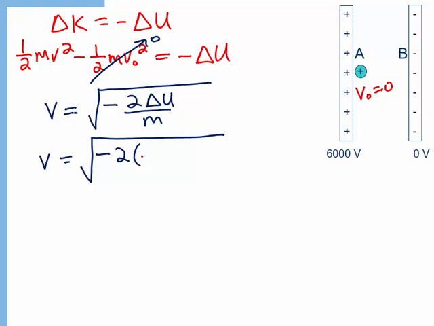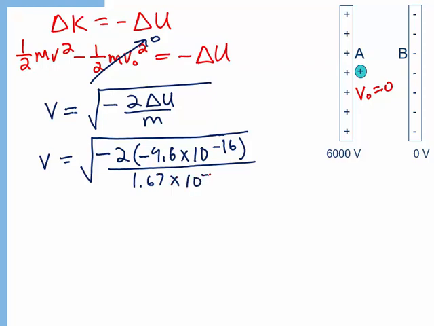So we have negative 2 times negative 9.6 times 10 to the negative 16th, dividing that by the mass of a proton, which is 1.67 times 10 to the negative 27th kilograms. And what we get when we work that out is 1.1 times 10 to the 6th meters per second.